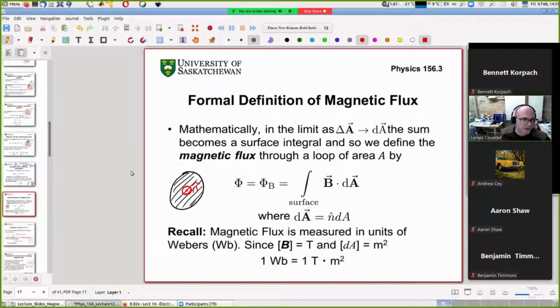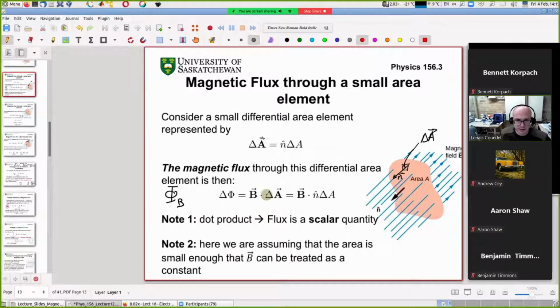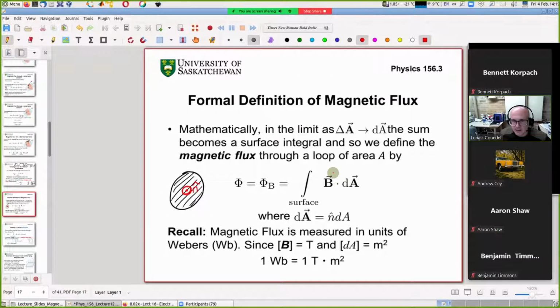So when we were defining the differential flux, the delta phi here, we were assuming that B can be treated as a constant, but only on the small area delta A. When you deal with the entire flux, B is not necessarily a constant, okay? It can change over the surface area.